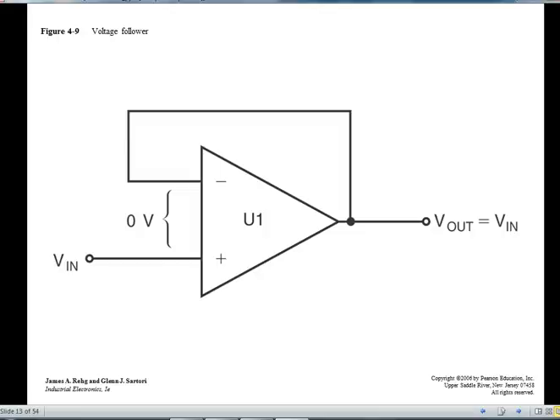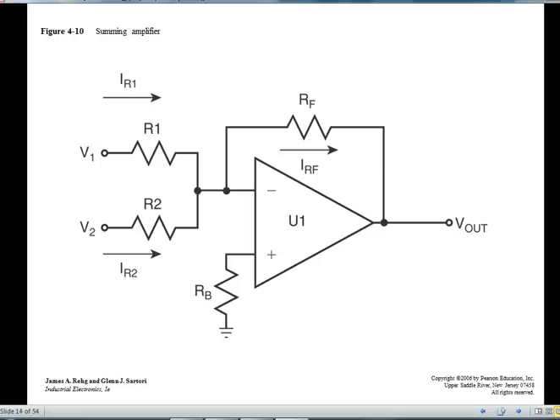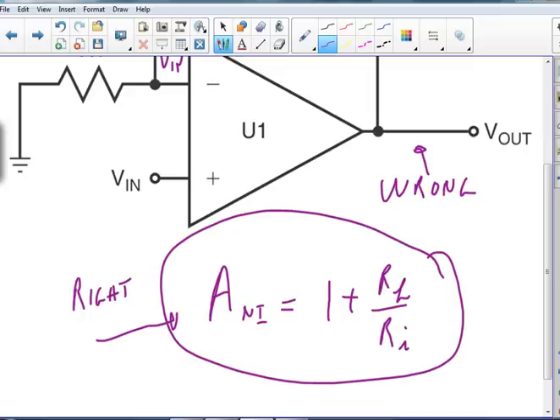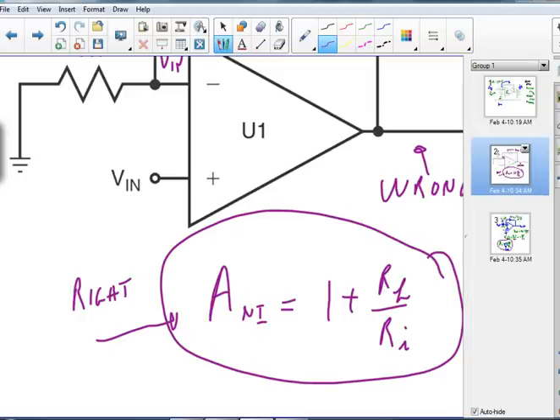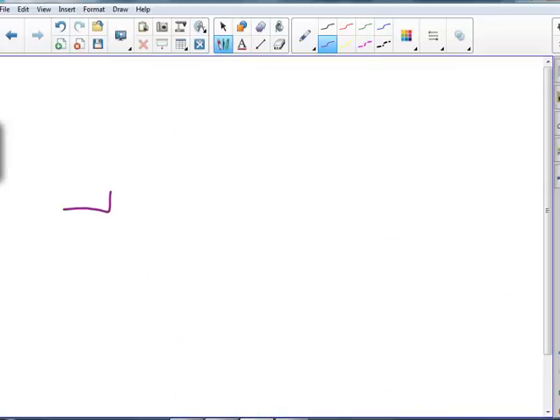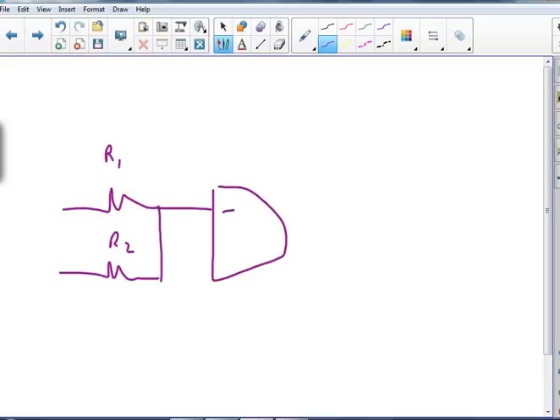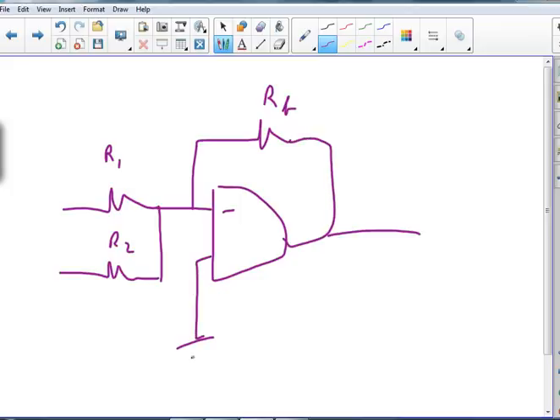All right. I can have a summing amplifier. Now, how can this guy sum anyway? Let's see. So if I've got 2 of these guys, R1, R2, and I'm going into the negative guy, and I've got some feedback resistor, and I'm grounded on the positive side, so I've got something that looks like that, and let's say I've got 1 volt here, and 2 volts there.